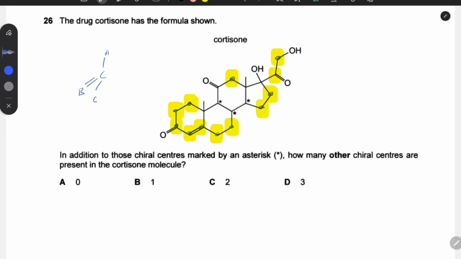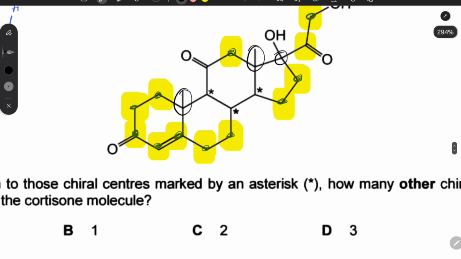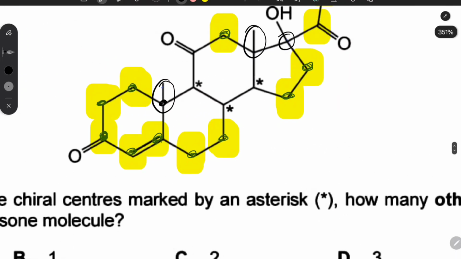Alright, now the only carbon atoms which are left are this one, this carbon atom, and this carbon. So these three carbon atoms, if you focus on this carbon, it is attached with one group, then this one is a different group, this complete chain is another group, and this one is another group.